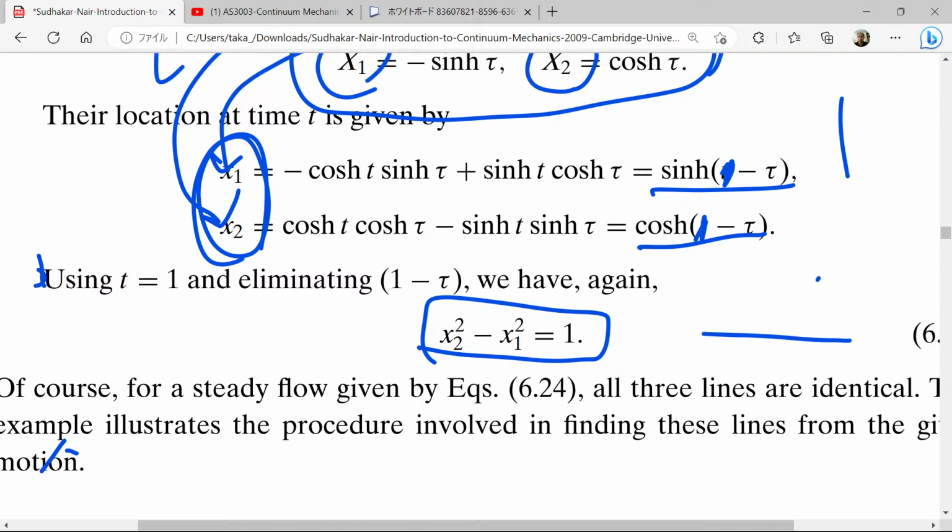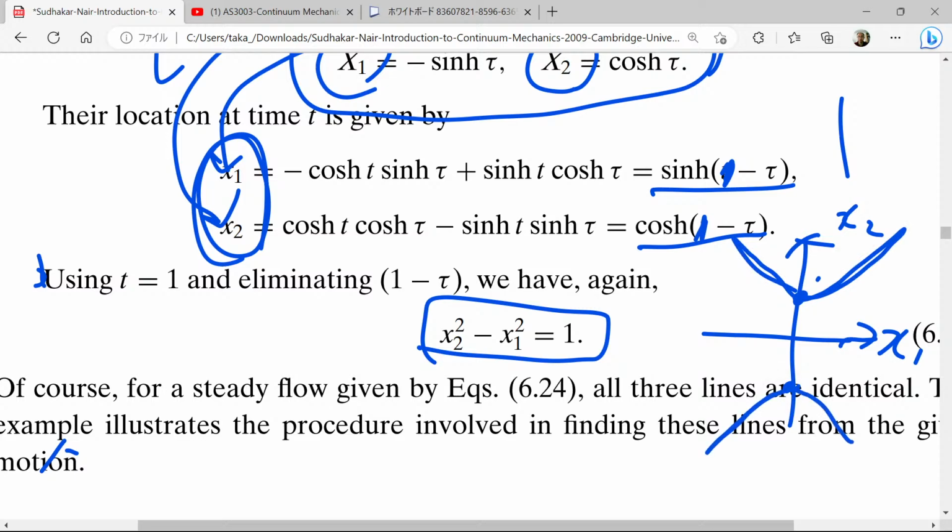You can draw this curve in x1, x2. There is this point, right? This point and this point. And I think this goes like this. So eventually this will move and approach this.